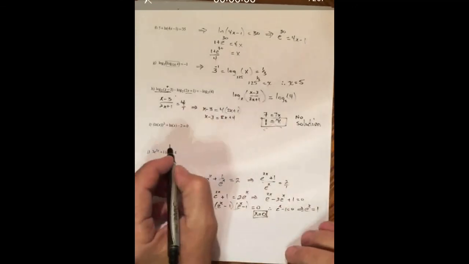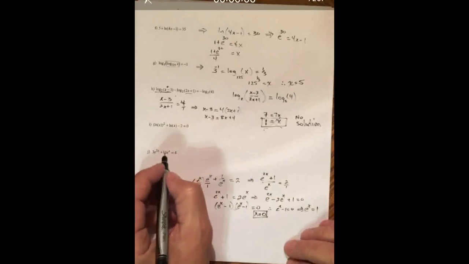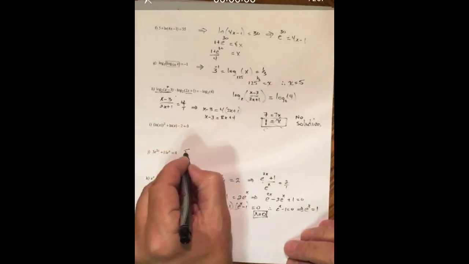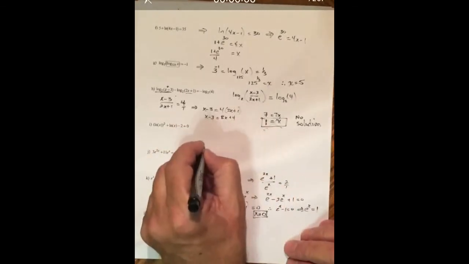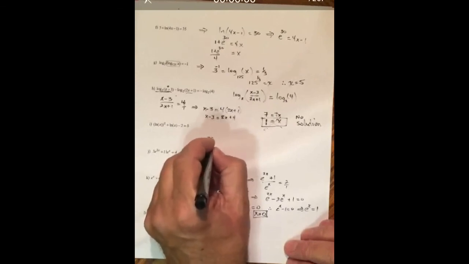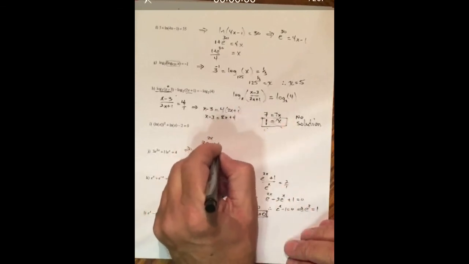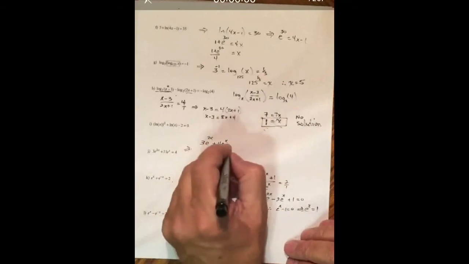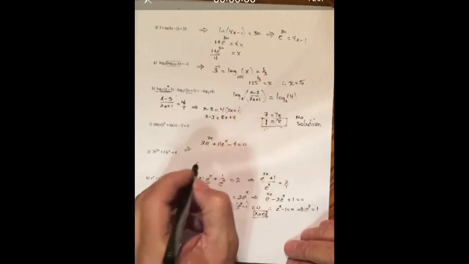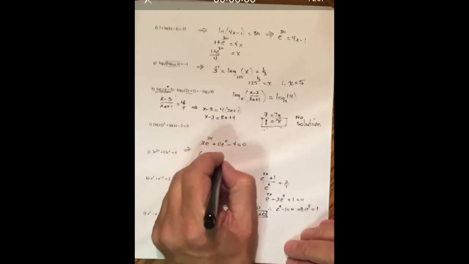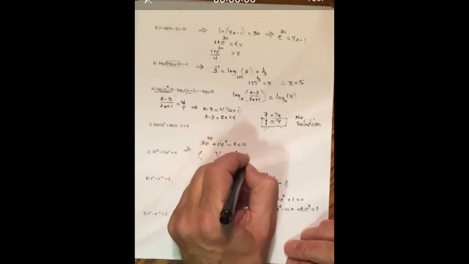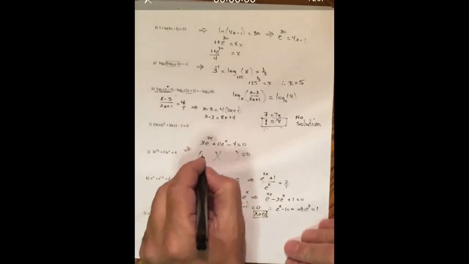Okay, let's wrap it up with J here. First thing I'm going to do, let's go up here to have a little more room. This is 3e to the 2x plus 11e to the x minus 4 is equal to 0. Now, I would be a very happy camper if this factors. So let's see.